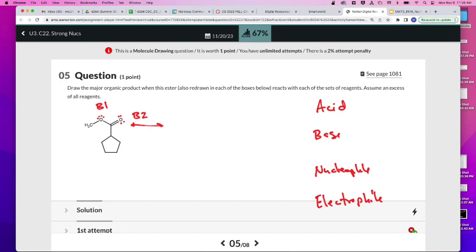Jocelyn, you got any ideas? Is it useful that there's a hint up there with the arrow? Jocelyn? Is it equilibrium? Nope. Skyla? Yeah, we're looking at resonance.